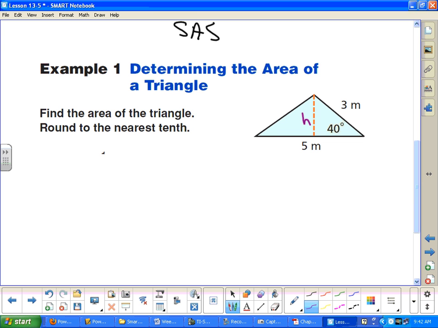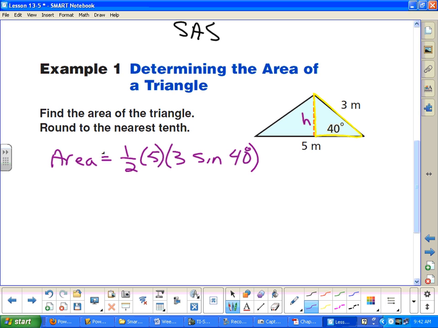I could focus on this right triangle here, and the height of that right triangle would be 3 times the sine of 40. So to find the area of the whole thing, we have 1/2 times the base, which is 5, times the height, which is 3 times the sine of 40 degrees.